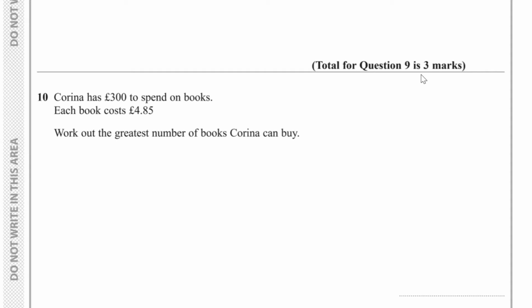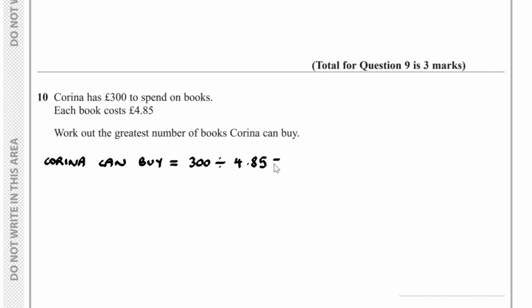Question number 10. Karina has £300 to spend on books. Each book costs £4.85. We have to work out the greatest number of books Karina can buy. Well, she can buy 300 divided by 4.85.